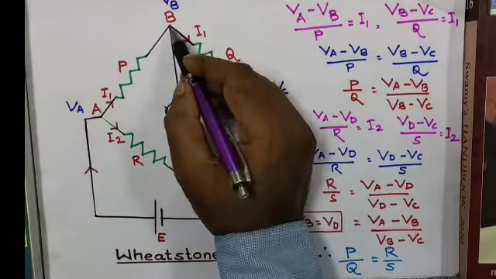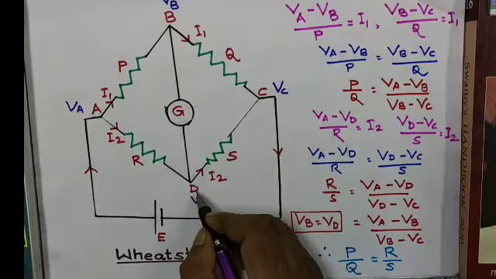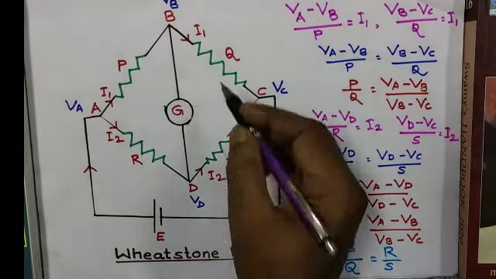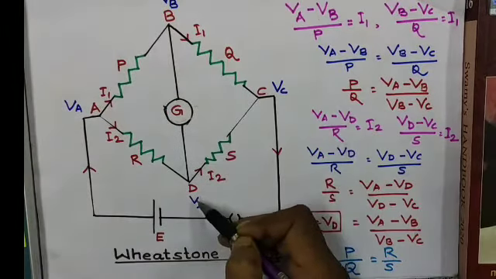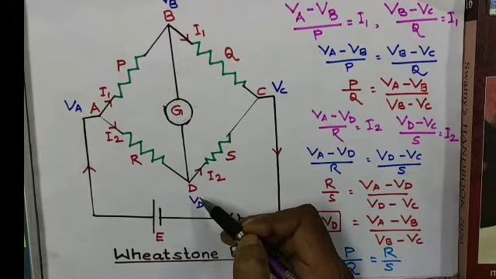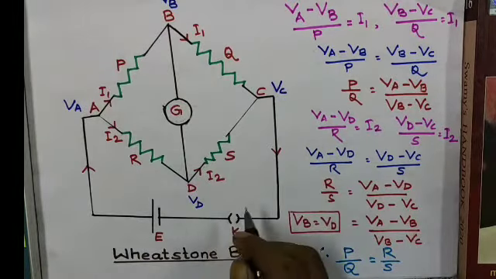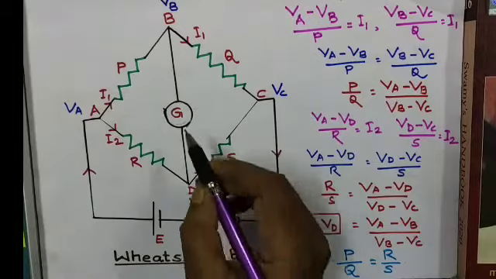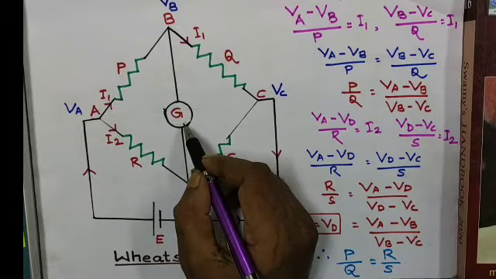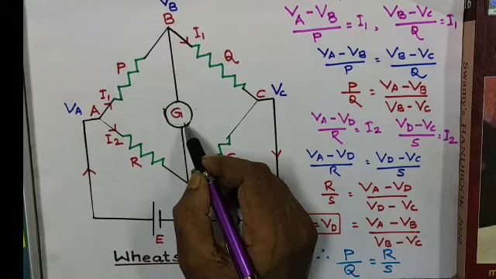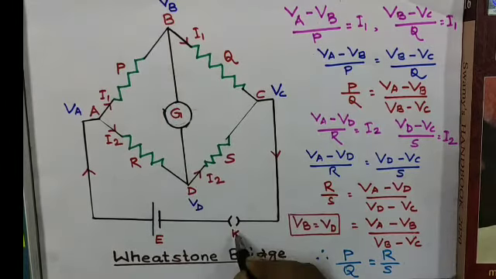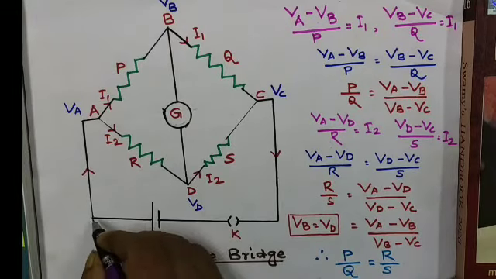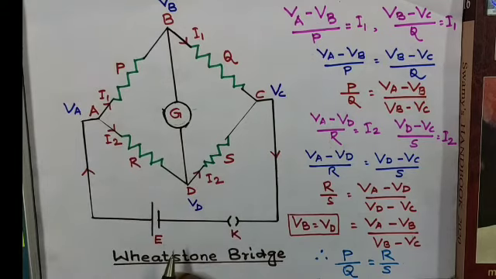That means the potential difference between B and D is 0, and no electricity will flow through galvanometer G. So in this case we can say this is the null condition or balanced condition of the galvanometer. Now, if we switch on the circuit, the electricity will flow from higher potential towards lower potential.